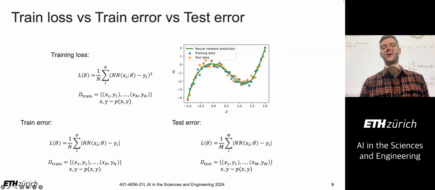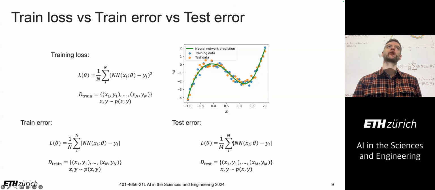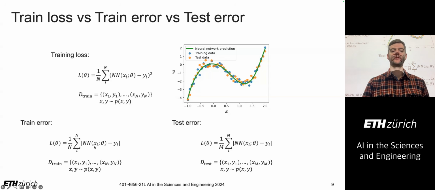Again, you can see the orange data points here still follow the curve. And we'll test it using some other loss function. It could be the same thing, so it could be least squares, but you're also free to choose any other metric you want. So we can also have an L1 loss, for example, an absolute difference instead. We can also evaluate the train error using a different metric, so that once we've trained it, we can choose a different metric to evaluate the training error.